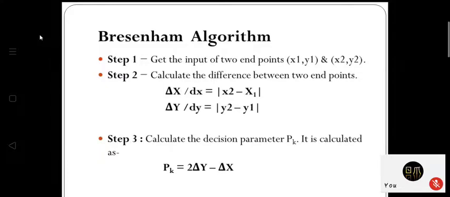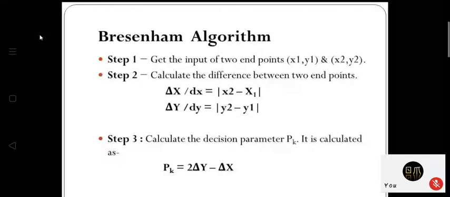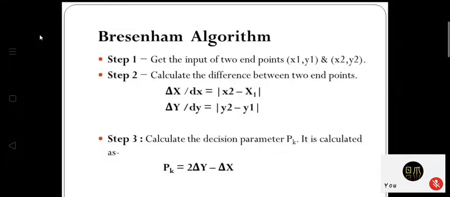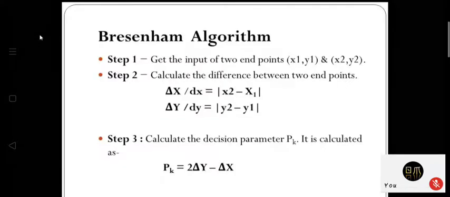Then step 3, a very important step, is the decision parameter. P of k is equal to 2 delta y minus delta x. From this step 3, you will obtain your decision parameter, which will be either a negative value, or a positive value or equal to 0.